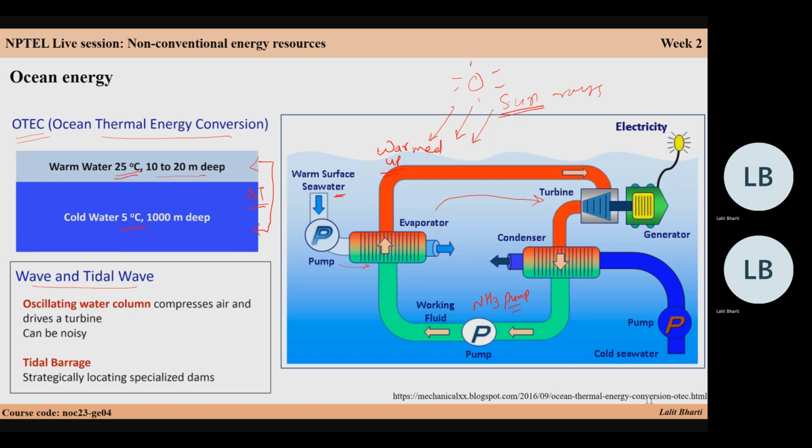So by getting thermal energy from the warm water, the ammonia evaporates. It turns into vapor, and it drives the turbine. The turbine is attached to the generator which produces electricity.